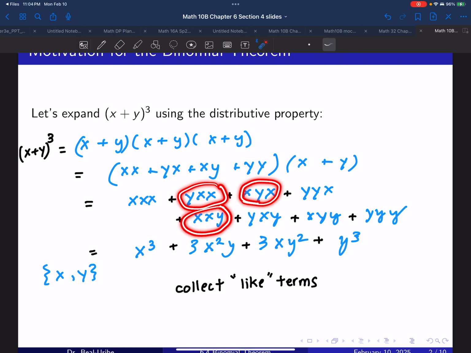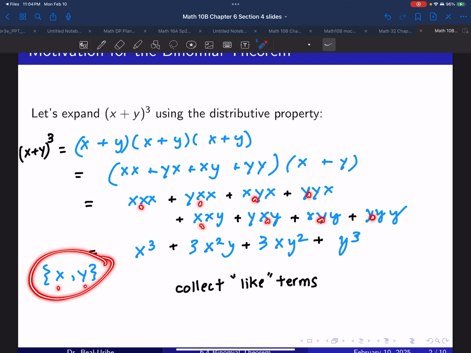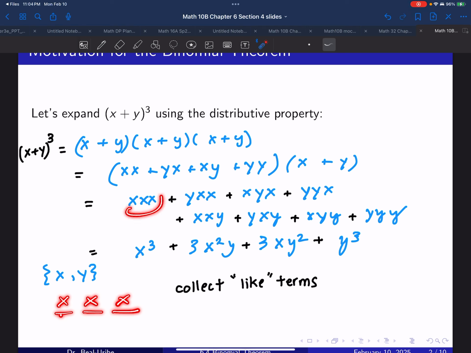Notice what we've done is, in getting these 8 different terms, we're looking at this set x comma y, and we are choosing 3 elements where we can repeat. So the first element is an x, second element is an x, third element is an x, then we get this term. But maybe we have xxy, maybe we have xyx, maybe we have yyy, right?